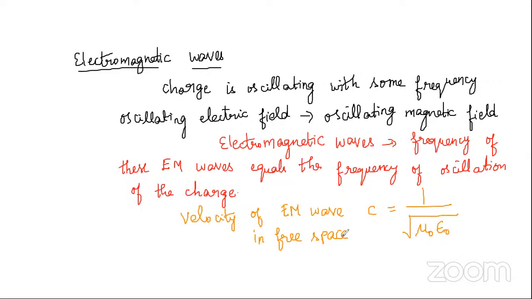Electromagnetic waves are actually transverse in nature. This is another important property. EM waves are transverse in nature.